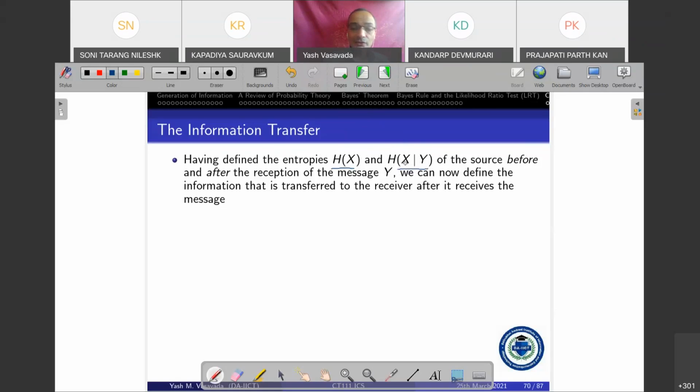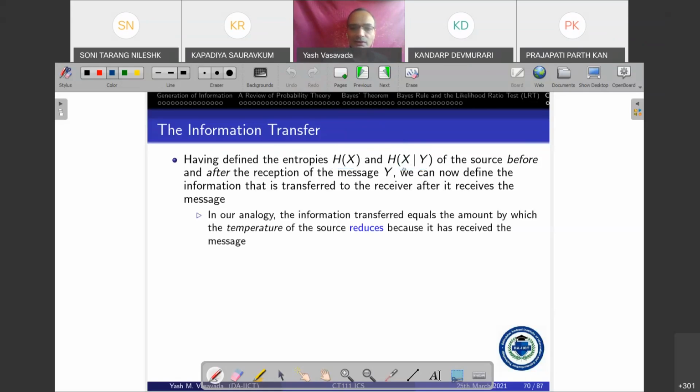And the amount of information that gets transferred is equal to the amount by which the average temperature of the source reduces. Not what the average temperature of the source is after you get a particular measurement or observation, but by how much it reduces compared to h of x.